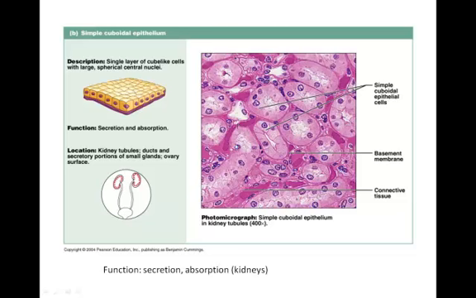These are all rings of simple cuboidal cells, and so here and here it's a little squished, but these would be open, hollow spaces through which urine would be flowing, or the precursor to urine would be flowing inside the kidneys. So this is all simple cuboidal here. And all this in this region would be connective tissue, the underlying supporting connective tissue.